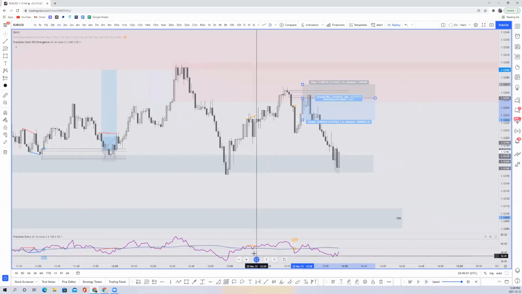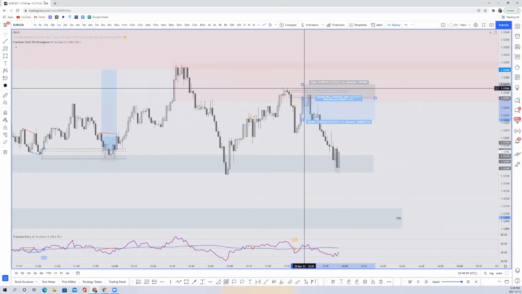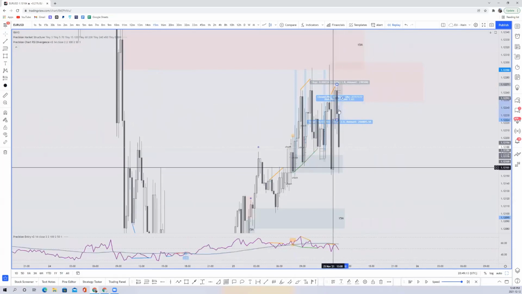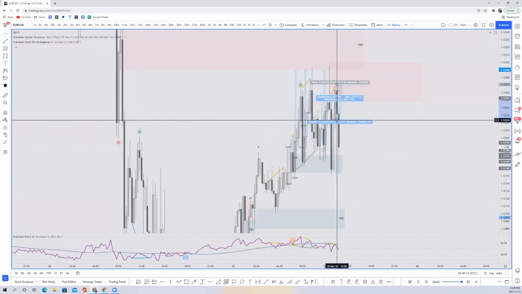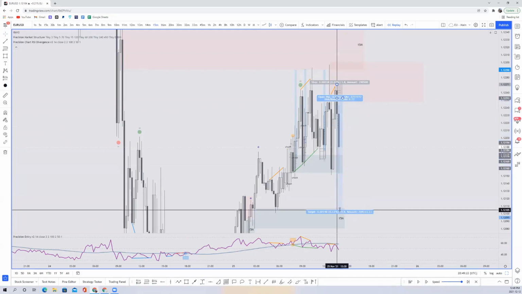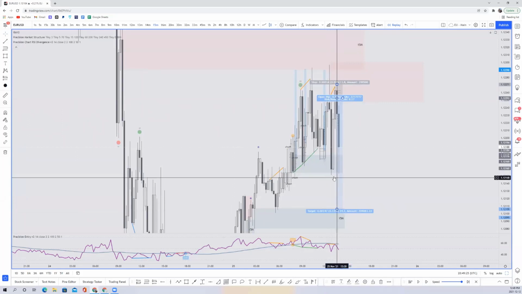And speaking of that, let's just say 1.5. You would likely want to take some sort of partials at this low. Yeah, you could aim for all this trend line liquidity. I would take heavy partials at this low.